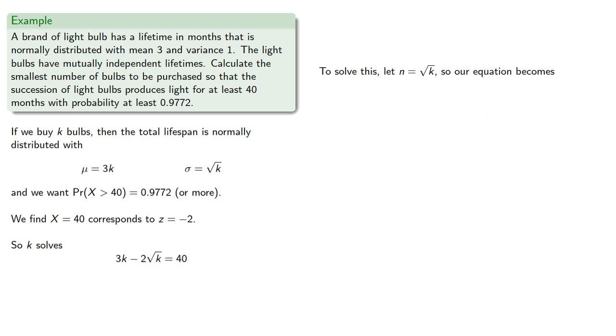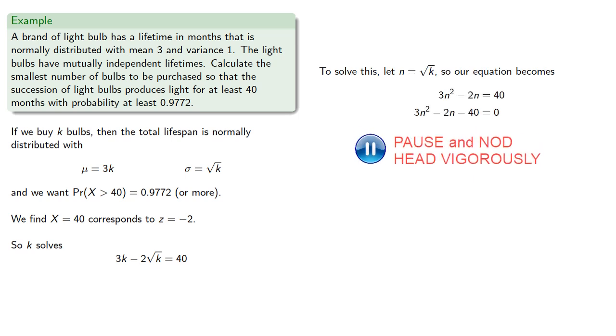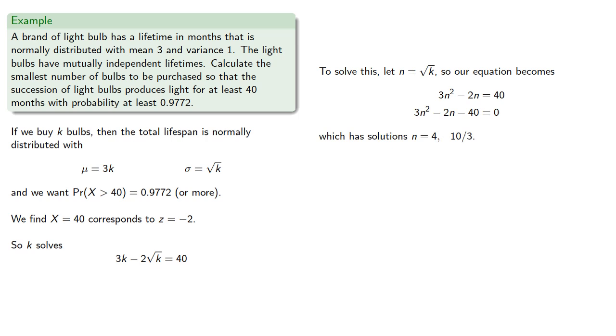To solve this, we'll let n be the square root of k, and so our equation becomes, which, pick your favorite method of solving a quadratic equation, has solutions n equals 4 and -10/3. So that means k is the square of n, so k is 16 or 100/9.